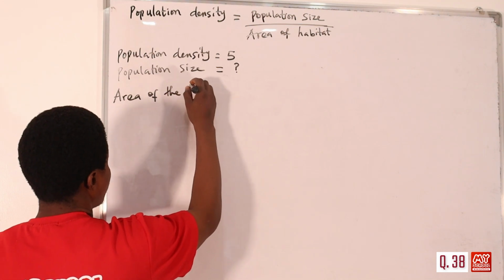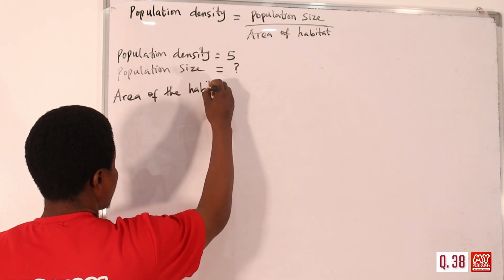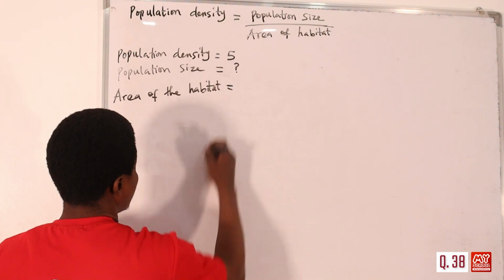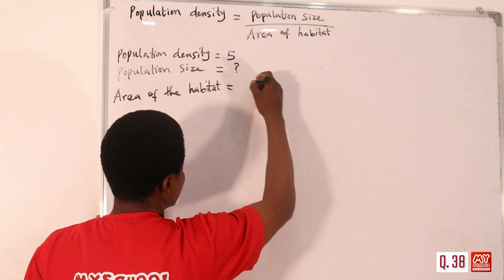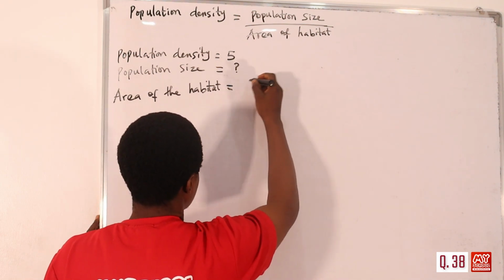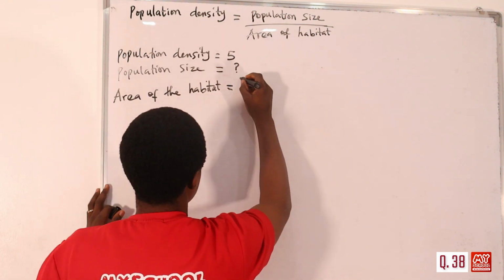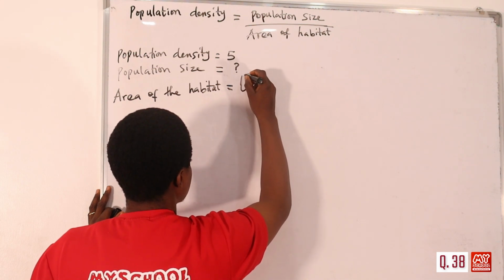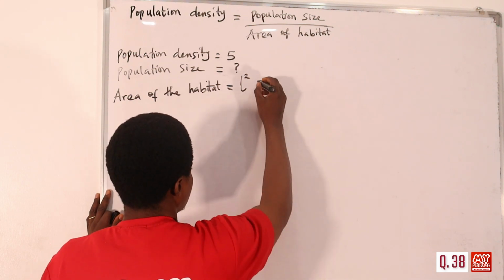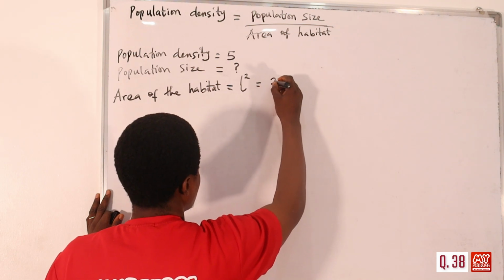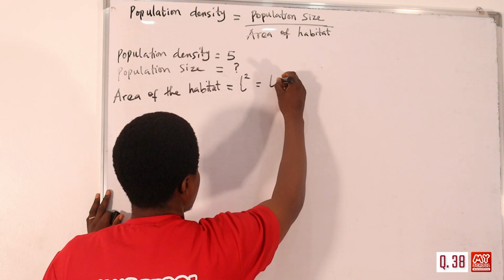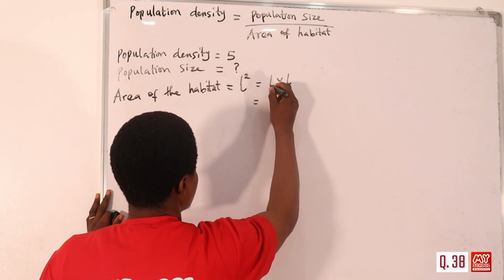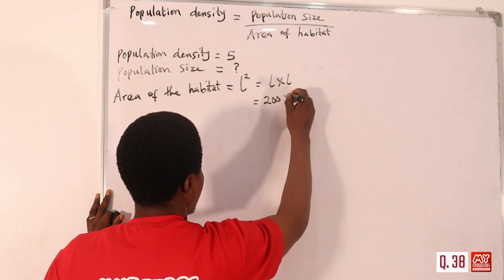Habitat is where the plant actually grew. The area is supposed to be length times breadth, but since we're told that it is a square, the area of a square is length squared. The length was said to be 200, so length squared means length times length, in your basic math. So length is 200 multiplied by 200.